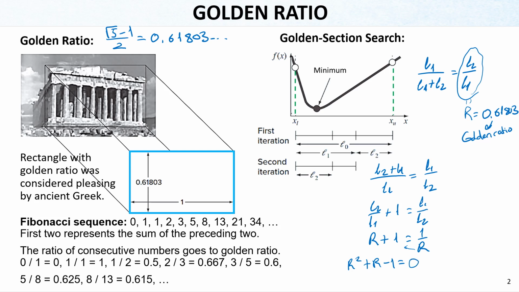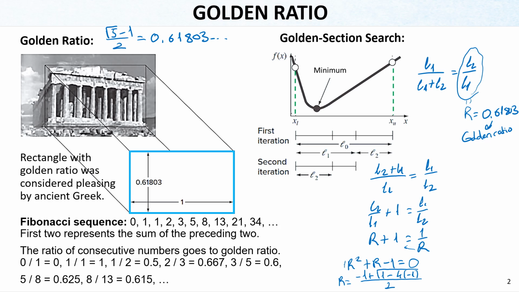And we can solve this using the root solving approach. If you remember, the result can be obtained as minus b, which is 1, plus or minus the square root of 1 minus 4 times 1 times minus 1, divided by 2a, where a is 1.